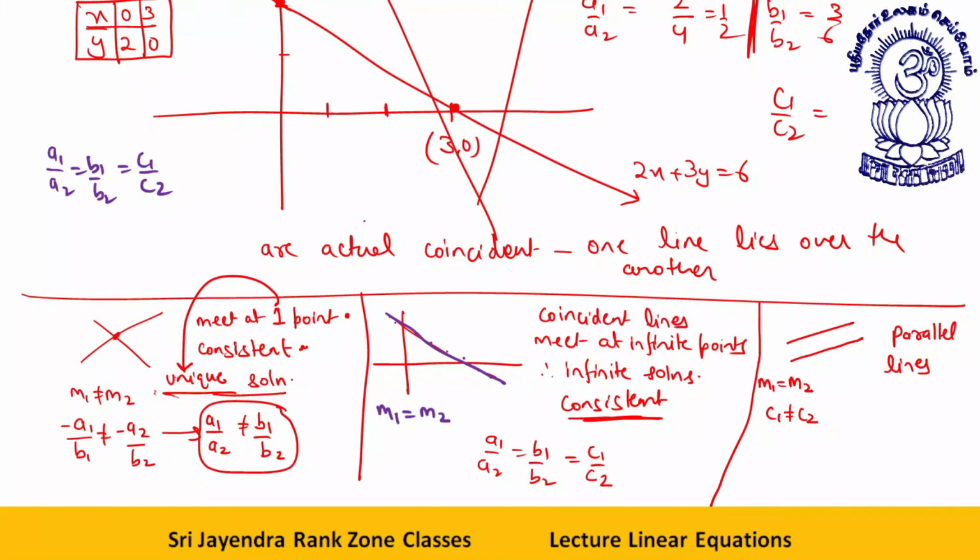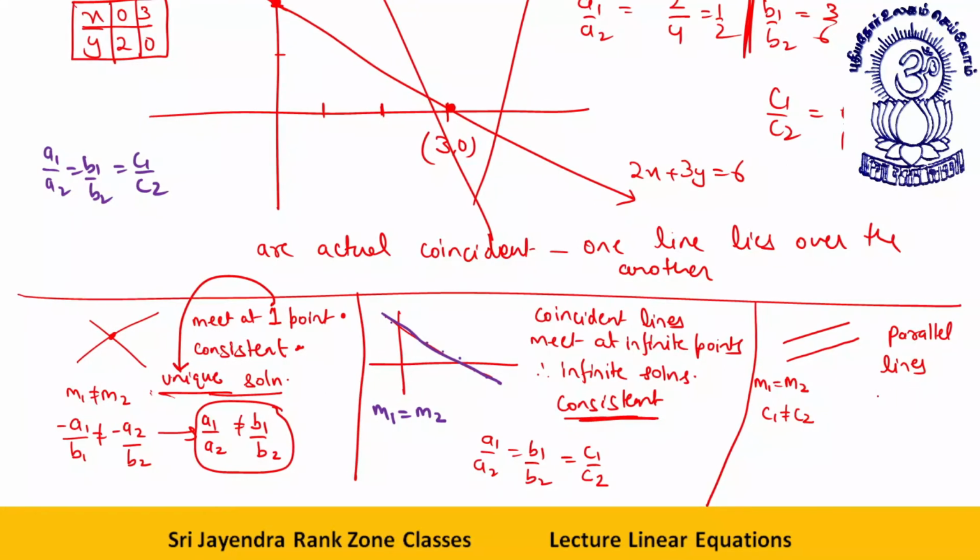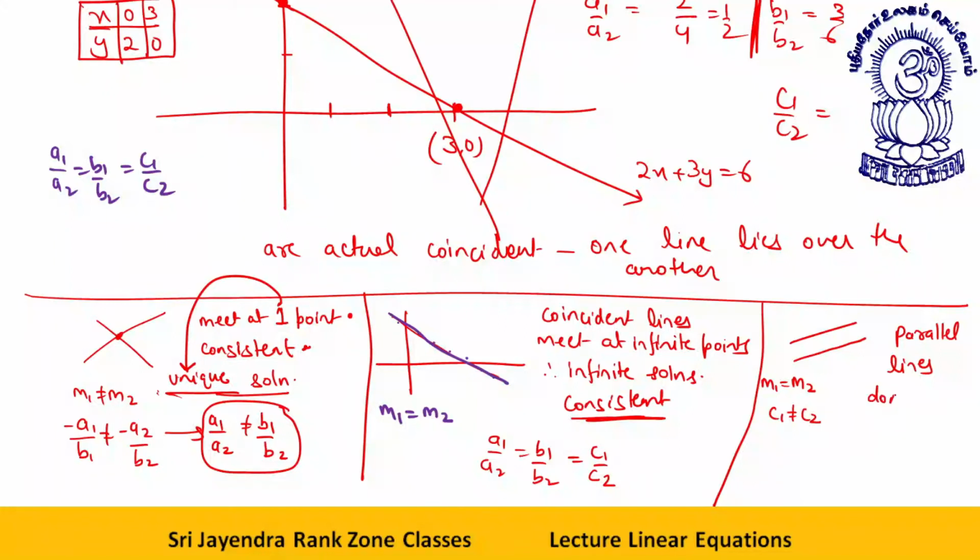I told you c1 not equal to c2 in the previous class. So parallel lines, no solution. They don't intersect. That means no solution. That's why we call them inconsistent. Or a1/a2 equal to b1/b2, but this is not equal to c1/c2. This is the main theory.